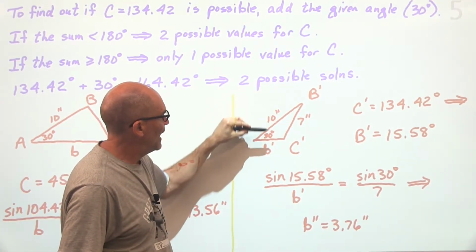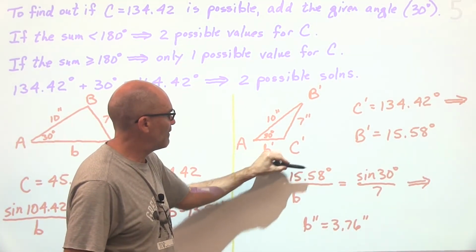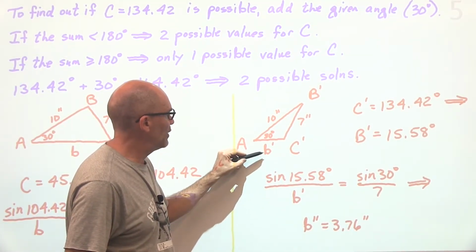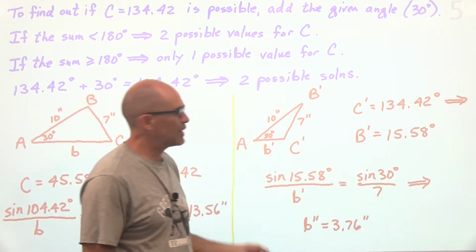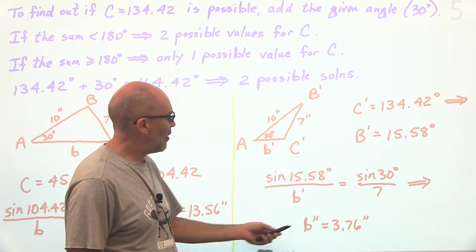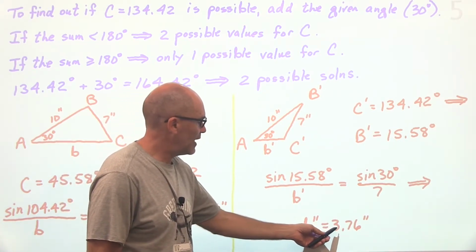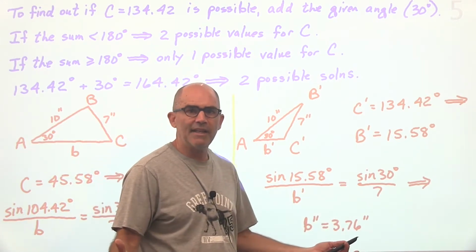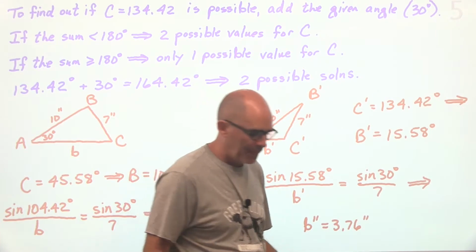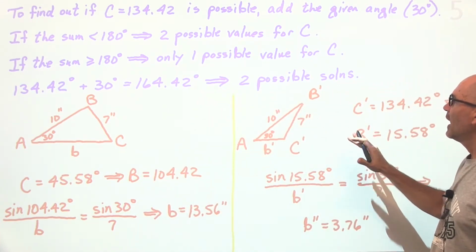We have an angle, and we want to find out its opposite side. So sine of 15.58 over B prime, the new side B, equals sine of 30 over 7, just like it did before. And now the new side B is going to equal 3.76 inches. That's it. Game over. So notice this gives us 2 triangles.